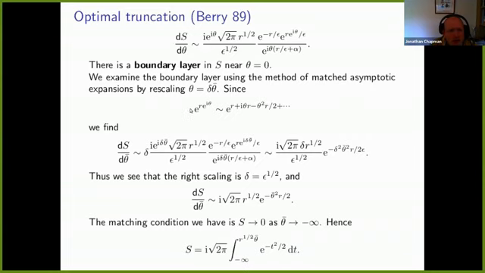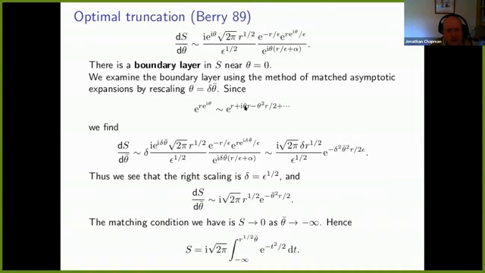And then, what's going to happen when theta goes to 0? Well, I've got to substitute this in and expand now in powers of delta. And I do that just by looking at the Taylor expansion of this term here as the crucial term. And you can see that when I do that expansion, I'm going to get e to the r over epsilon, which is going to cancel with this term here.